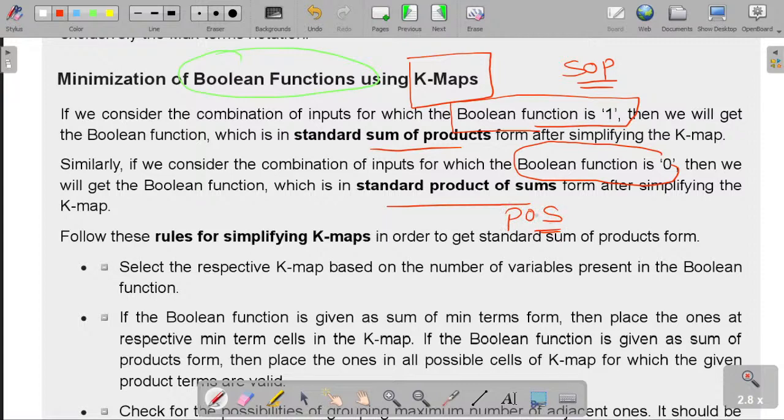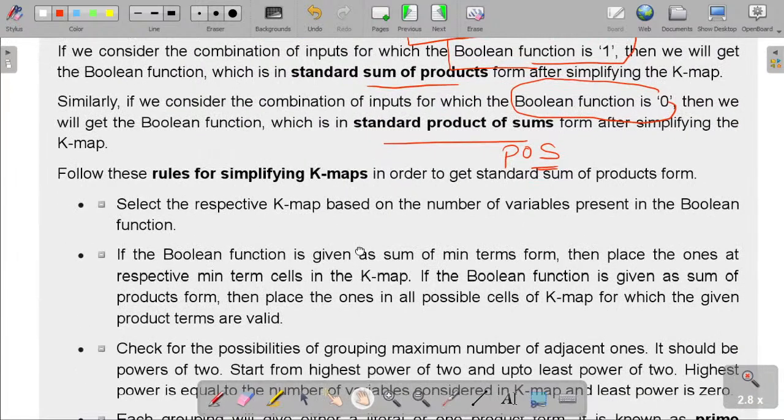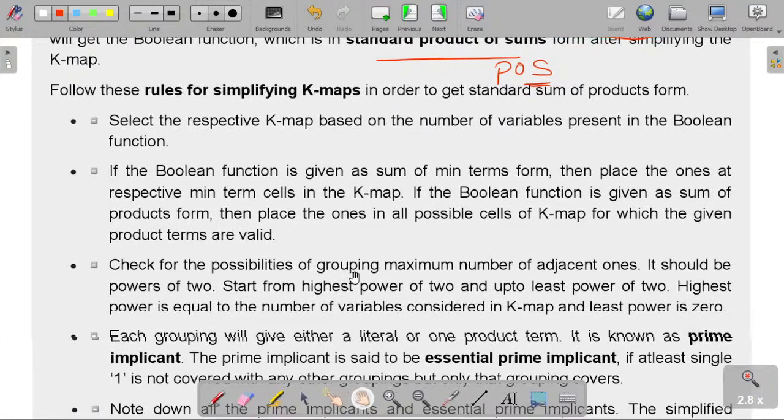There are some rules for simplification of a Boolean expression using the K map. Select the respective K map based on the number of variables present. As we just discussed, the graphical representation is different for 2 variables, 3 variables and 4 variables, so you need to select the appropriate graph based on the number of variables.